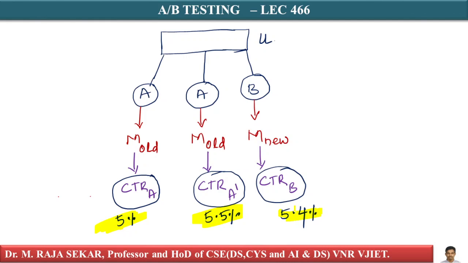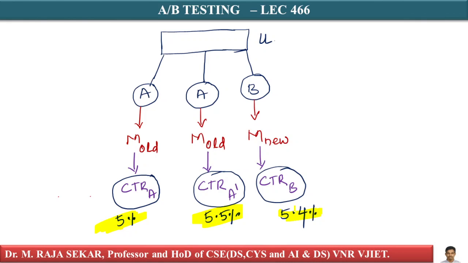If I compare just the CTR of A with the CTR of B, we can conclude that the CTR of B is better than the CTR of A. But I could have gotten that 4% lift just because of the randomness of the split.